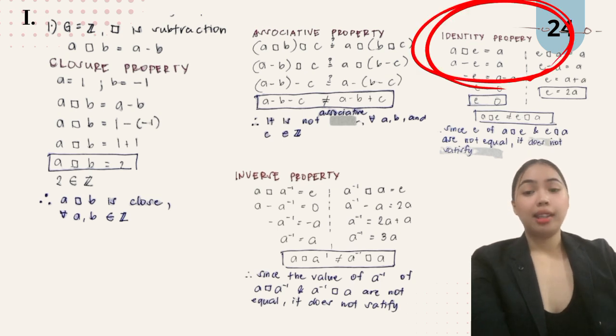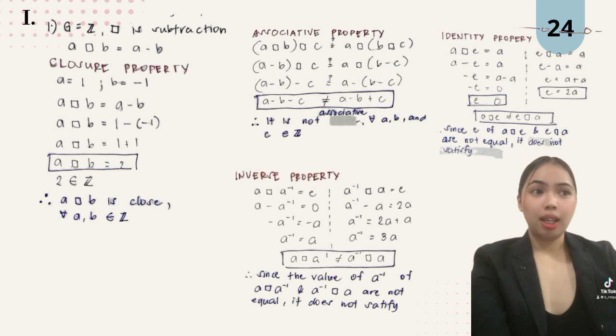Next, the identity property. A star E is equal to A, and on the other side, E star A is equal to A. A minus E is equal to A, and E minus A is equal to A. Negative E is equal to A minus A because we transpose the A to the other side, that's why it becomes negative A. And E is equal to A plus A because we also transpose the negative A, so it became positive A. So negative E is equal to 0, and on the other side E is equal to 2A.